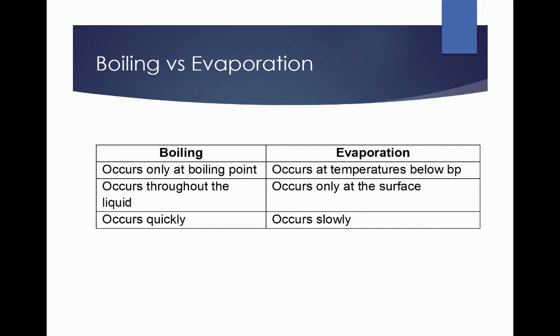Things can evaporate at temperatures like room temperature. And boiling occurs throughout the liquid. However, for evaporation, it only occurs at the surface of the liquid. And finally, for boiling, you realize that things can boil off very quickly, but evaporation is usually a much slower process.